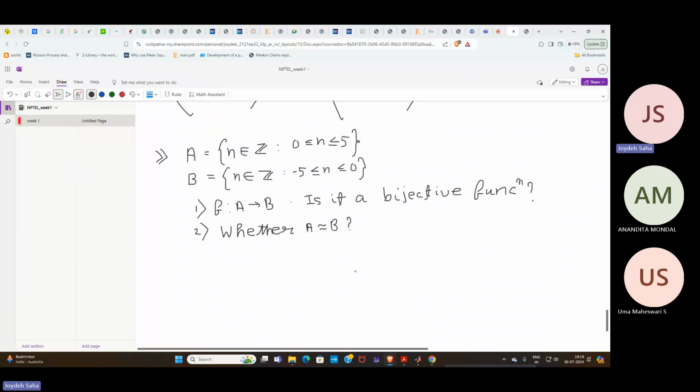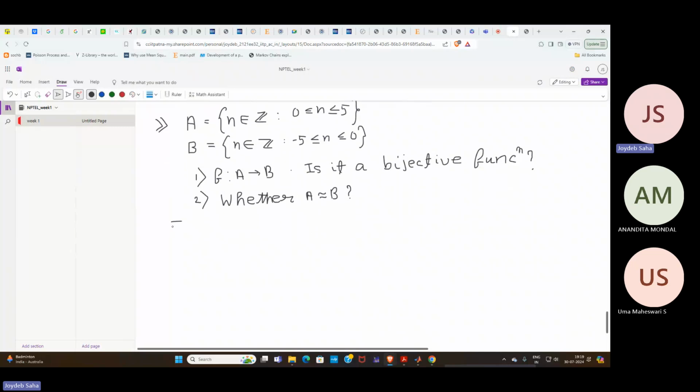If A is a set where n belongs to Z and the condition is 0 less than or equal to n less than or equal to 5, and B is another set where n belongs to Z and the condition is minus 5 less than or equal to n less than or equal to 0. Now we define a function from A to B, whether it is a bijective function, and the second question is whether A and B are equicardinal or not.